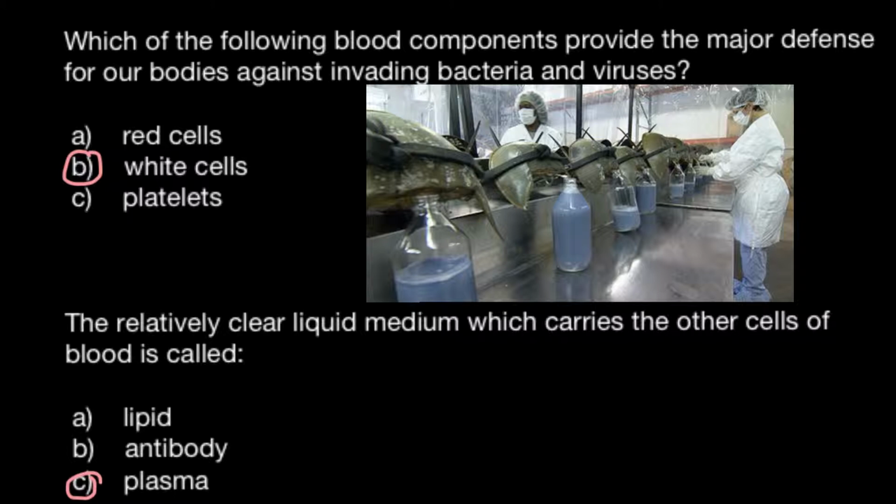And plasma makes about 55% of the blood. Plasma, also called serum, is about 92% water, and 8% is sugars, proteins, hormones, and other blood components that can be found in minute quantities.